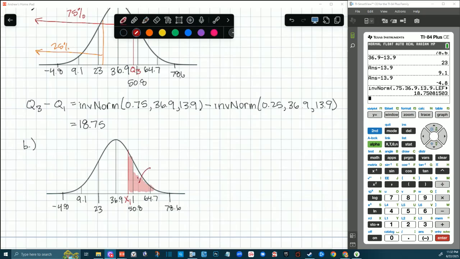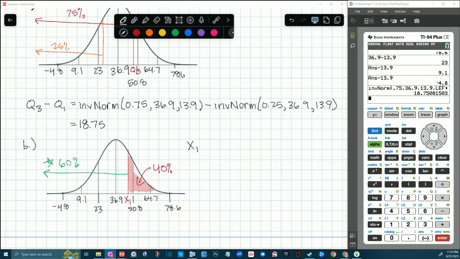And I know that that area represents 40% of cell phone users in that range. So I'm looking for that boundary. Remember that on my calculator, I don't want area to the right, I want area to the left. And if the whole curve's 100%, 100 minus 40 is 60%. So that is the number I'm plugging into my inverse norm function call.